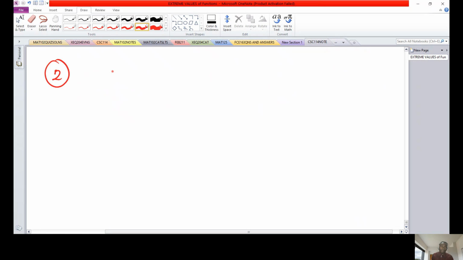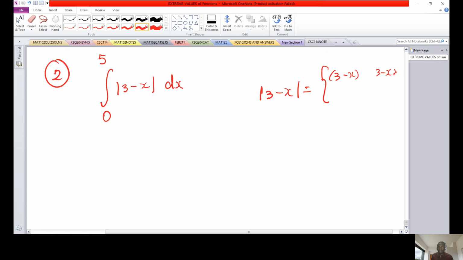Example 2: the integral from 0 to 5 of absolute value of 3 minus x dx. Just remember from the definition that absolute value of 3 minus x is given by 3 minus x the way it is if this value is greater than or equal to 0, and the negative of the same thing if 3 minus x is strictly less than 0.